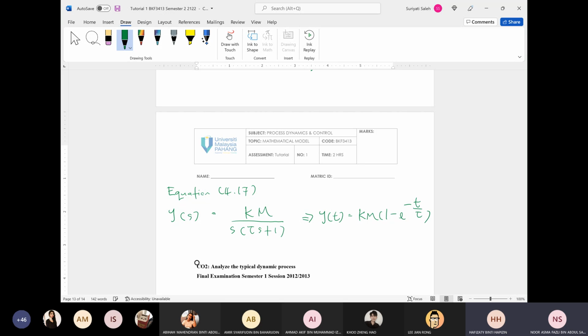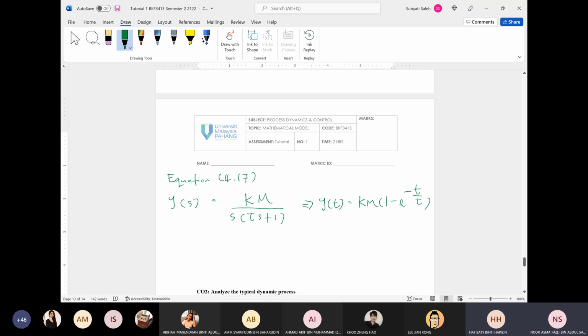So this is the standard inverse Laplace when you have Km over (tau s plus 1).